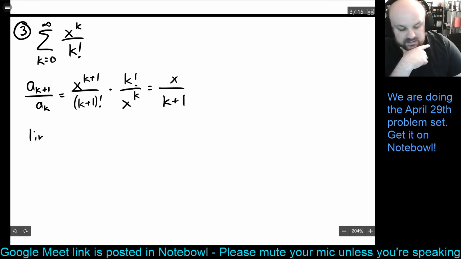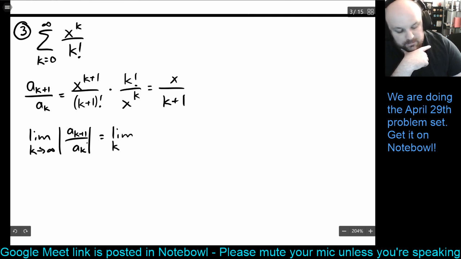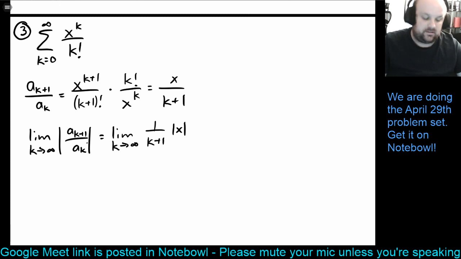So when we do this limit, what we're really going to wind up with here is the limit of 1 over k plus 1 times the absolute value of x. What is this limit going to equal?